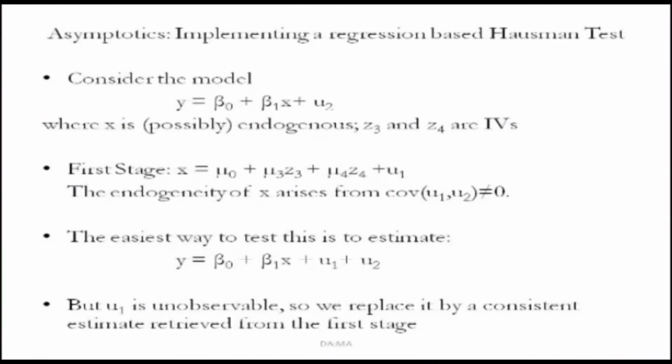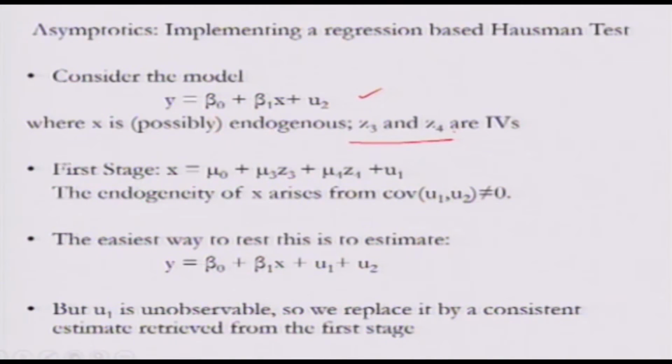So how to do this test in a regression equation? This way you will actually understand what is going on. Start with the structural model, which gives you the relationship between x and y, and suppose that Z3 and Z4 are the IVs that we have. You run the first stage using Z3 and Z4 and get an estimate of u1 from the first stage.